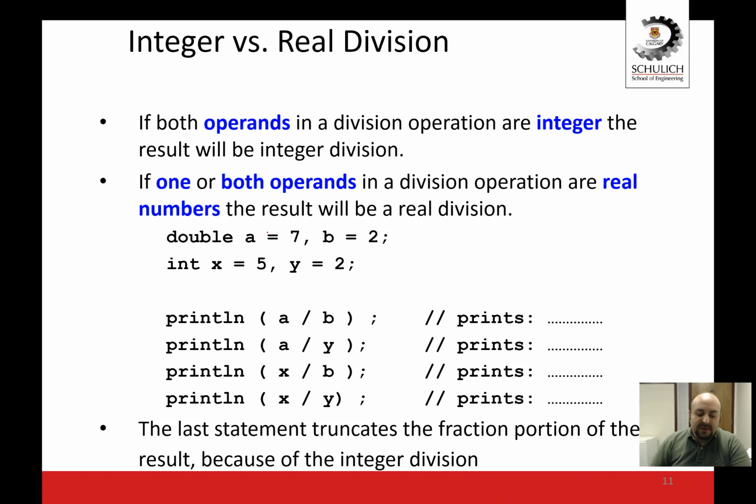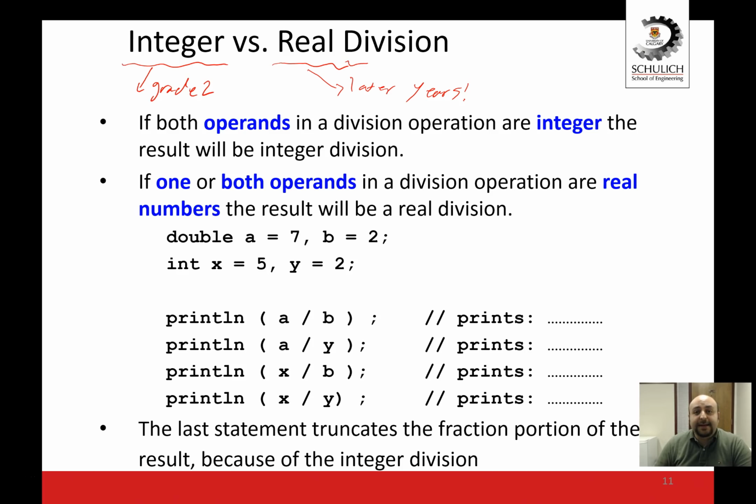Basically, we're going to have integer division versus real division. The difference between those two is that integer division is what you did when you were in grade 2, and real division is what you did in later years.